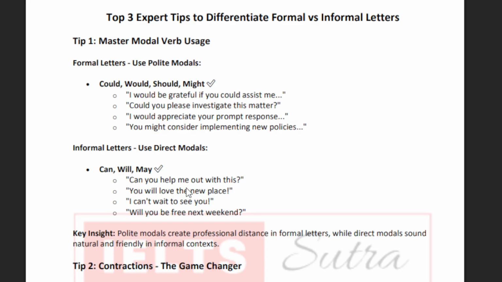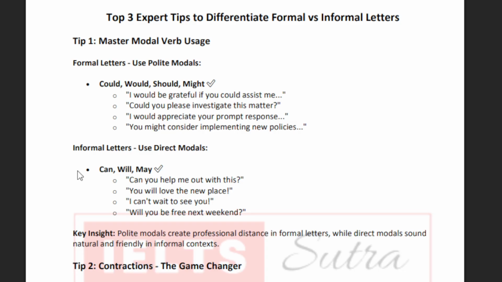For example, if you are writing a formal letter, then you have to prioritize the usage of more polite modals like could, would, should, or might. When you are writing a formal letter, you will always choose to use these modal verbs instead of can, will, or may, which are considered to be less polite as compared to could, would, or should.